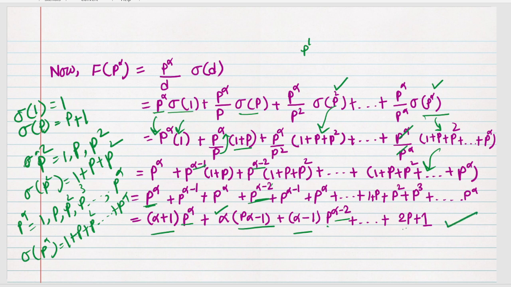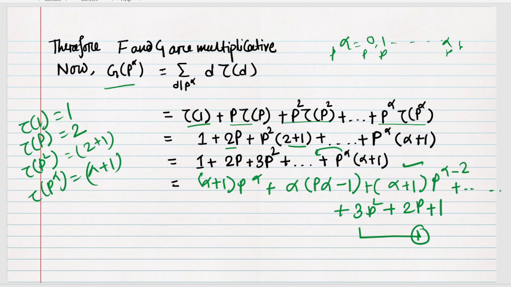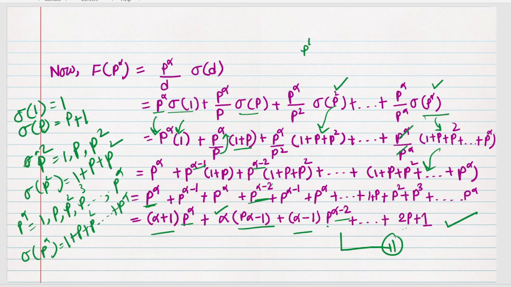If we compare both, polynomial number 2 and polynomial number 1 which we showed earlier, they are similar to each other.